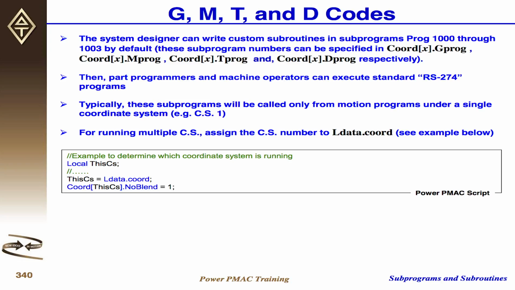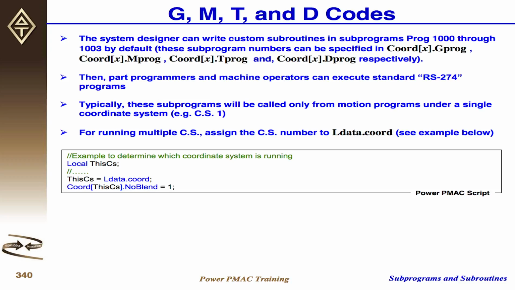Typically, these programs will be called only from motion programs under a single coordinate system. If it's a standard machine, there's only going to be one coordinate system. But you can run multiple coordinate systems in Power PMac. If you do so, you can number the coordinate system with ldata.coord.